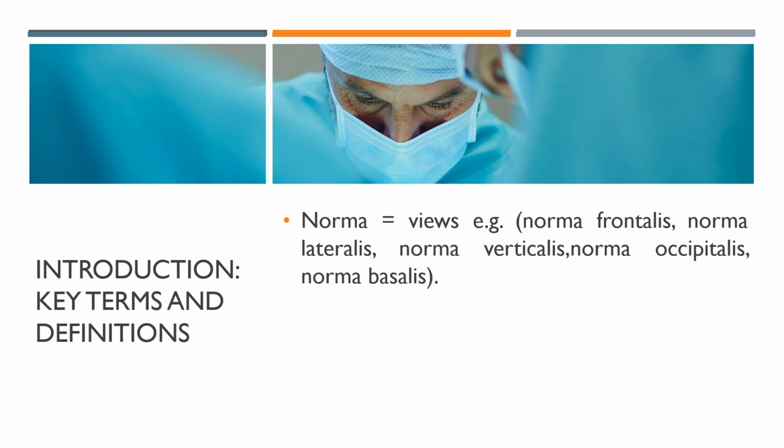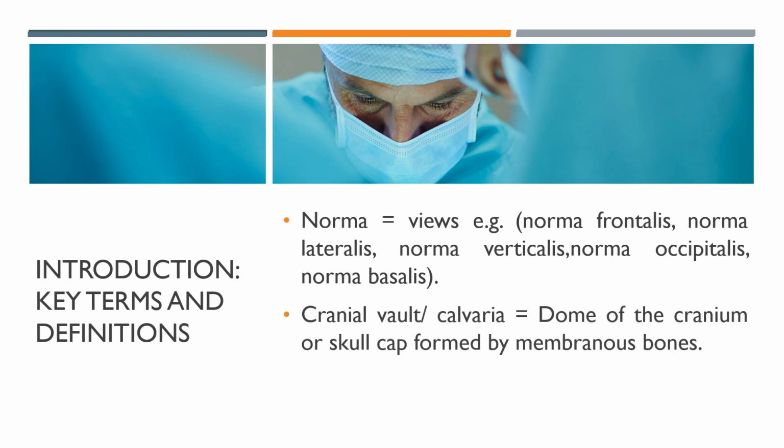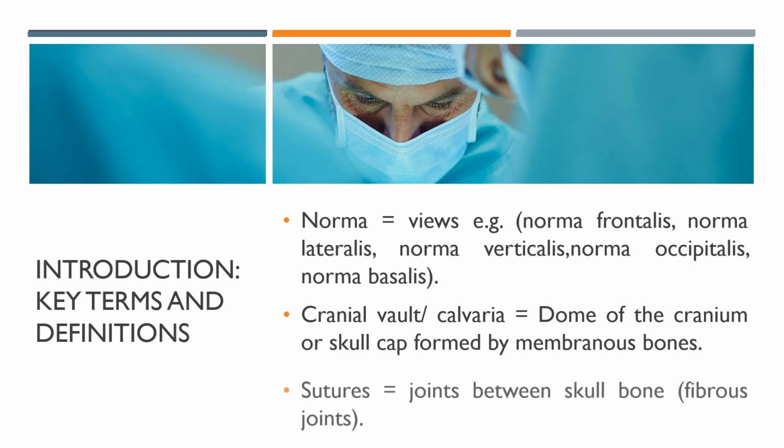So for example, we have norma frontalis, which represents the frontal view, norma lateralis, lateral view, norma verticalis, this is a vertical or top view, and so on and so forth. We also have the term cranial vault or calvaria. It means the dome of the cranium or the skull cap formed by membranous bones. We'll see that in a few minutes.